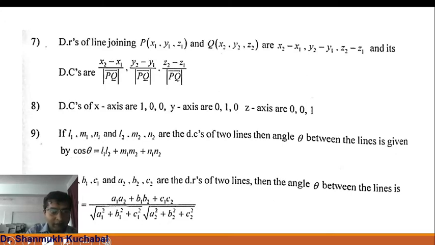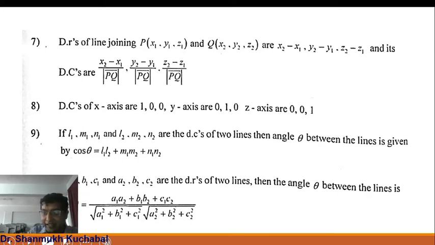Now next one, if L1, M1, N1 are direction cosines, we can take them as cos alpha 1, cos beta 1, cos gamma 1, like that. So L1, M1, N1 are direction cosines, and L2, M2, N2 are direction cosines.